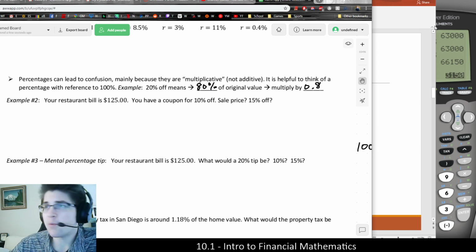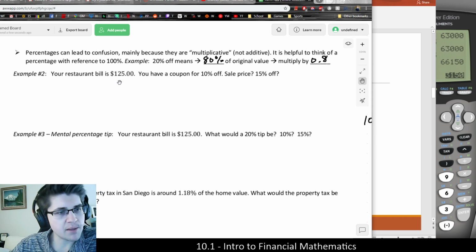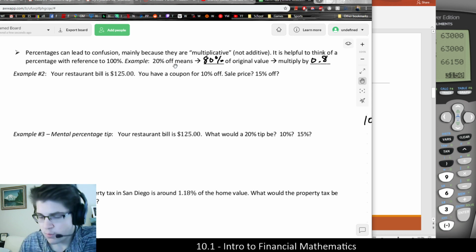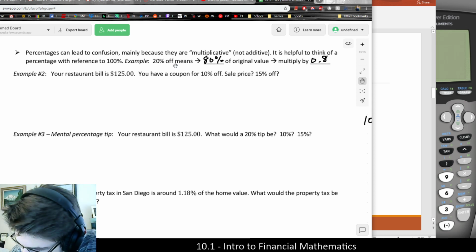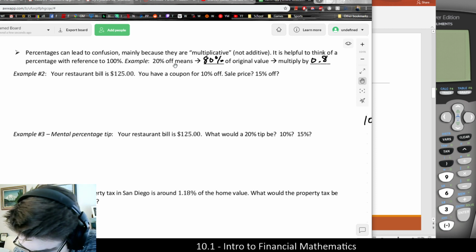So let's try to apply what I was talking about to an example. Let's say your restaurant bill is $125, and you're going to get 10% off. What does that amount to? One way of doing this is to think about 10% off as 90% of the original.